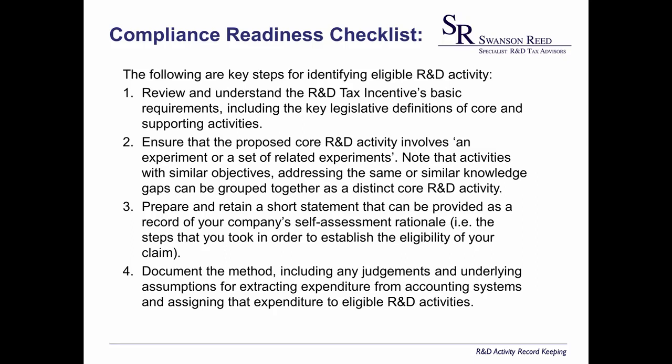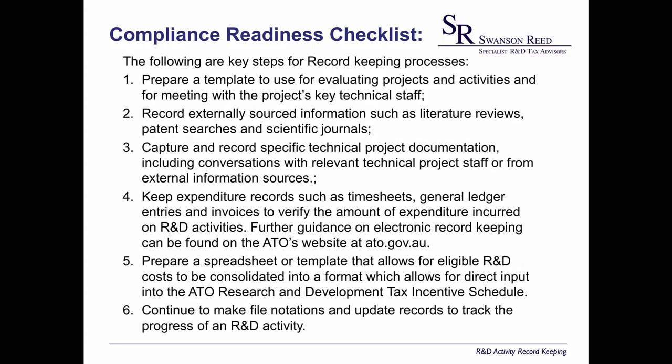And document the method, including any judgments and underlying assumptions for extracting expenditure from accounting systems and assigning that expenditure to eligible R&D activities. The following are recommended steps for record keeping processes noted in the AusIndustry guidance. Prepare a template to use for evaluating projects and activities, and for meeting with the project's key technical staff. Record externally sourced information such as literature reviews, patent searches, and scientific journals which show the state of knowledge before the experiment is conducted.